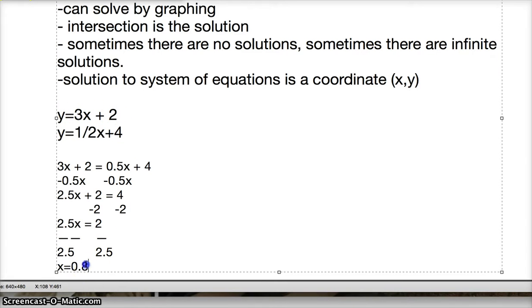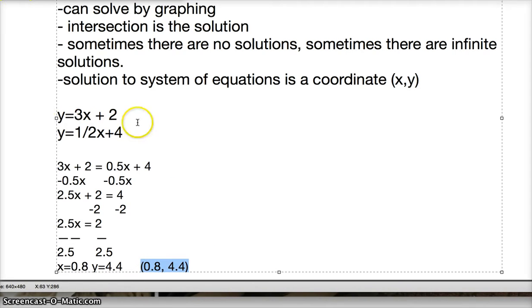So I can take this x and plug it in to this equation and do 3 times 0.8, which is 2.4. 2.4 plus 2 gives me 4.4. So y equals 4.4. So my final solution to this system of equations is 0.8 and 4.4. This right here is my final answer.